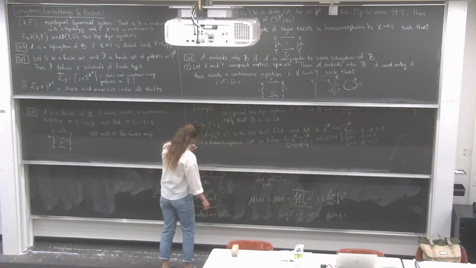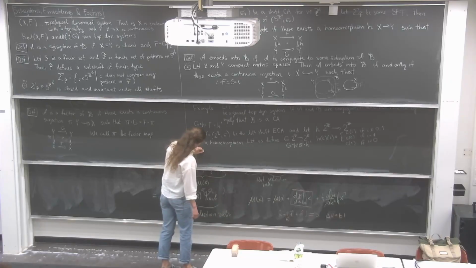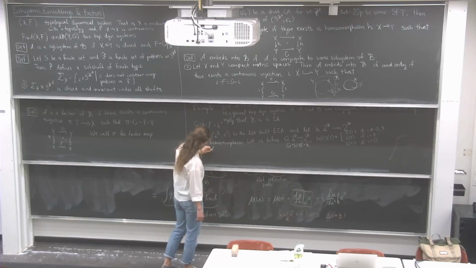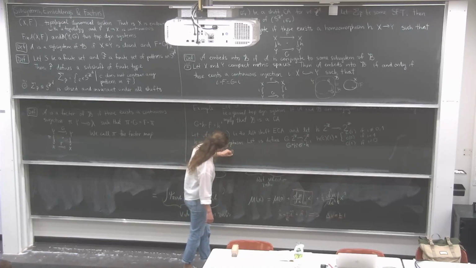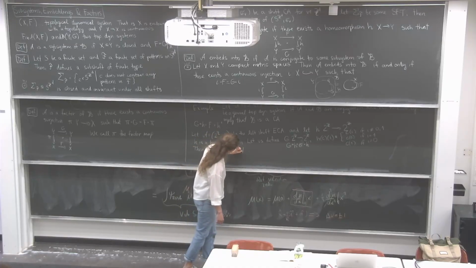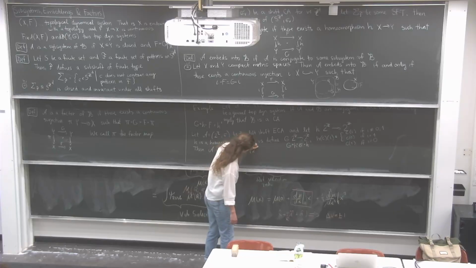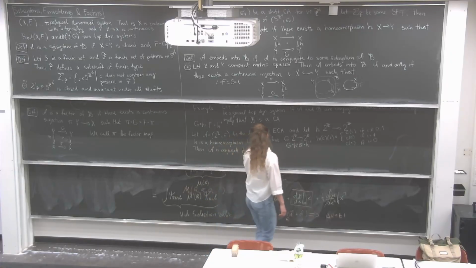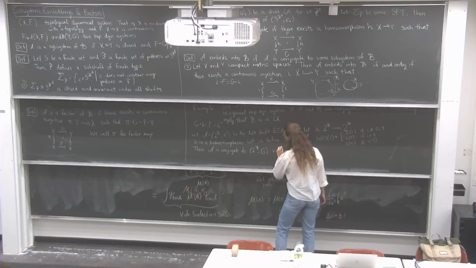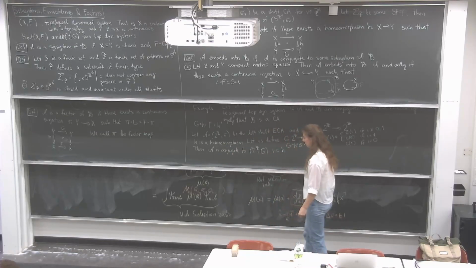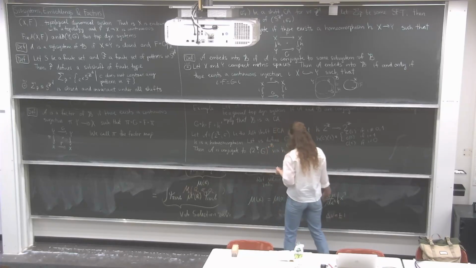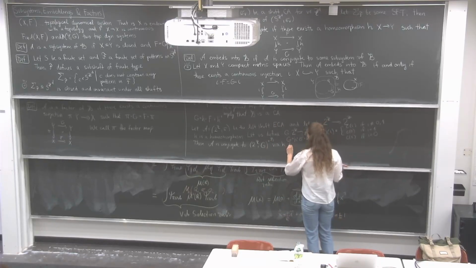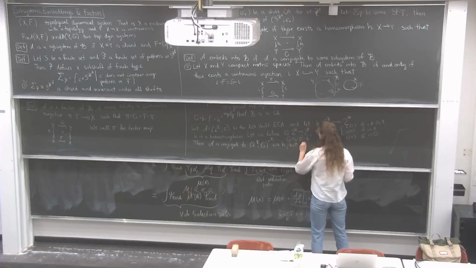Then A is conjugate to this dynamical system we just defined via H. So we can call this system B. But B is not a CA.